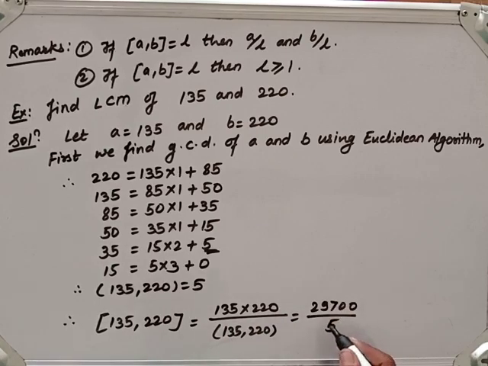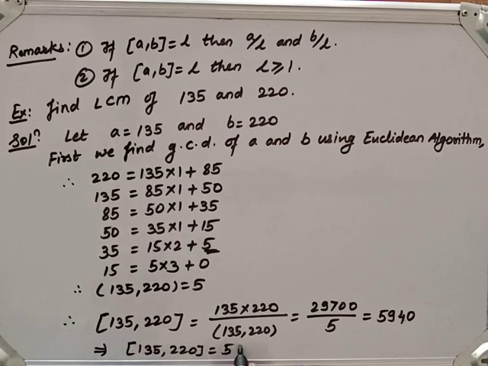Now this division is 5940. So this says the LCM of 135 and 220 is 5940. This is the answer here.